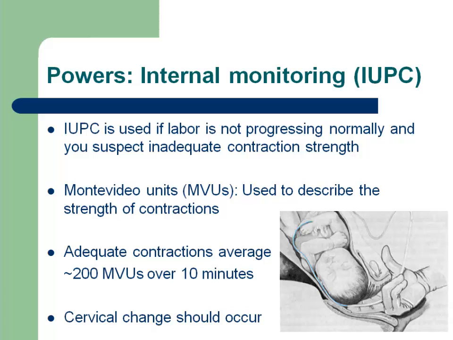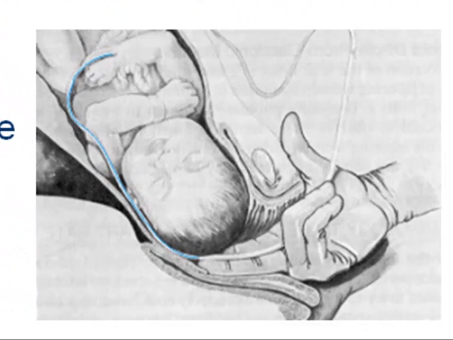An IUPC can be placed to provide quantitative information about the strength of the contractions. This information guides the clinician's decision for starting oxytocin, an intravenous medication that strengthens contractions and speeds up labor. The illustration on this slide demonstrates the clinician's hand guiding an IUPC up into the uterus next to the baby.